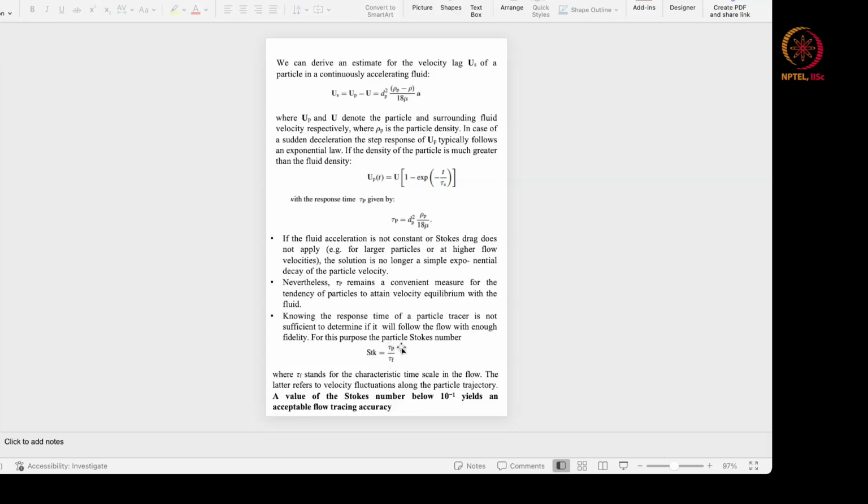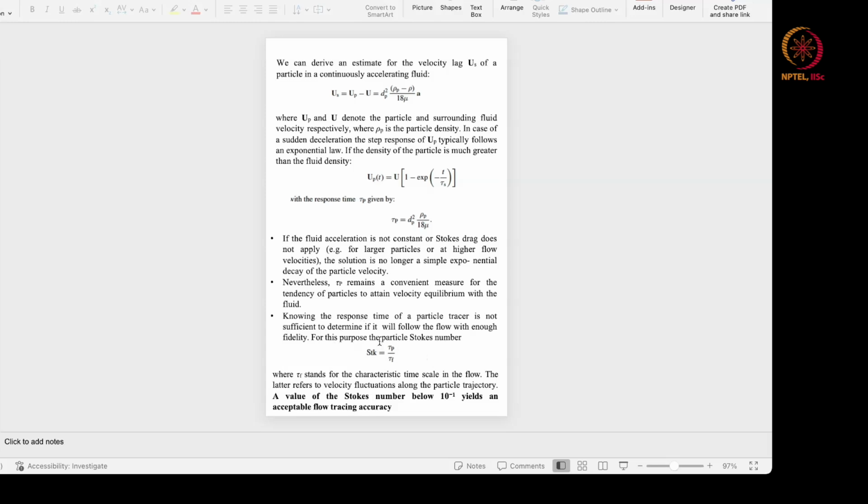If the particle response time is much smaller than the flow time, for example the shedding scale of a vortex, if that is what you are trying to measure, then the Stokes number should be much less than 1.